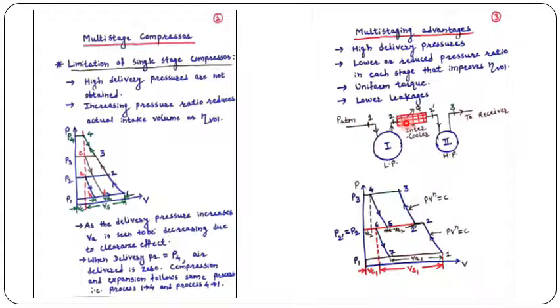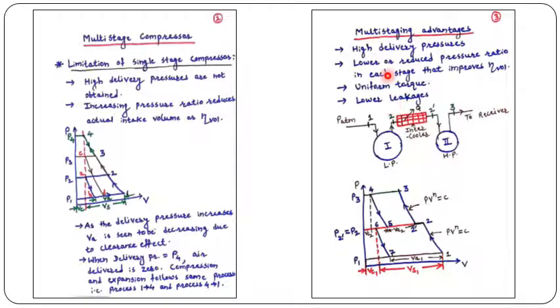Suppose I want to deliver air at 10 bar. If you have a single stage compressor, then the pressure ratio will be 10 divided by 1, which is the suction pressure. So, that will be equal to 10. But now, if I have 2 stages, then I can divide this pressure ratio into 1 to 4 or 5 and then 4 to 10.